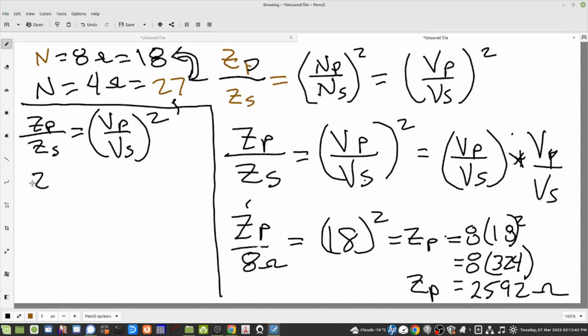So now the primary impedance using the 4 ohm load is equal to 27 squared.